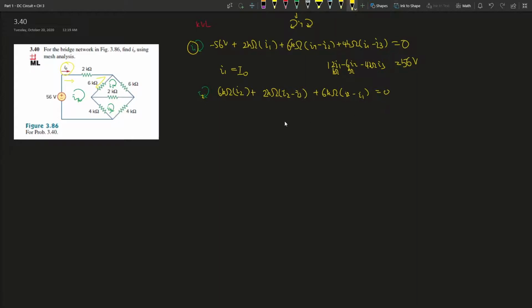Then we simplify. Looking for the I1s: minus 6k ohms I1. For I2s, there's 6, 2, and 6, so plus 14 kilo ohms I2, and then negative 2 kilo ohms I3. This whole thing gives you 0.